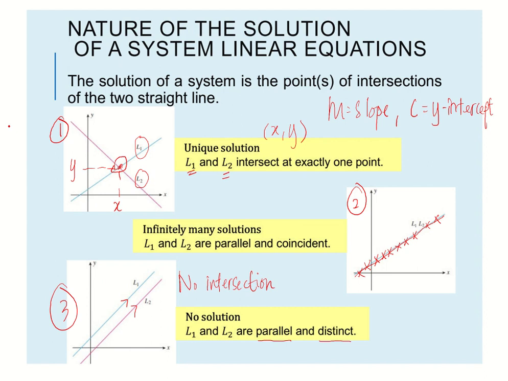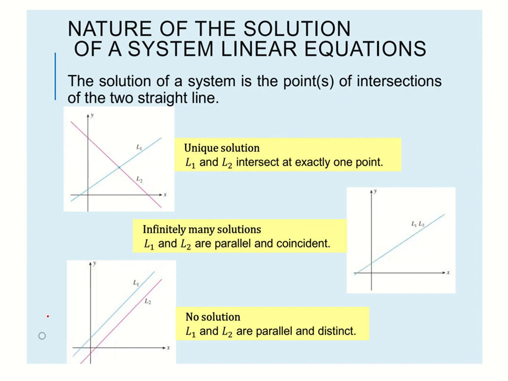Now, for the first situation, from the graph we can see the slope for line 1 and the slope for line 2. Are they equal? Obviously they are not equal. So the slope for line 1 and the slope for line 2 are not equal.